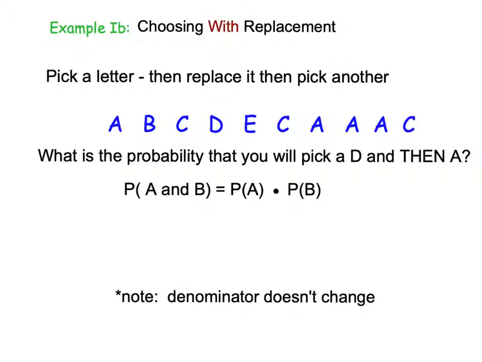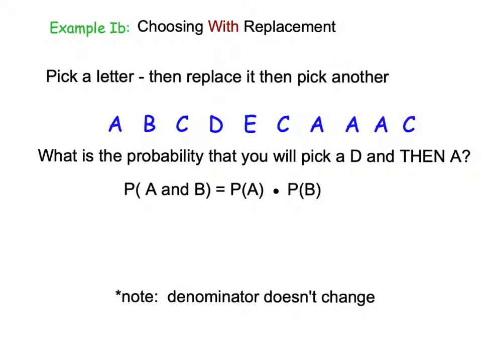My probability of picking an A is 4, if you count them up, out of 10 options, total outcomes. Because I'm putting that letter A back into my list to choose from, my total outcomes for B is still 10, but I only have one B. So let me go over that again.